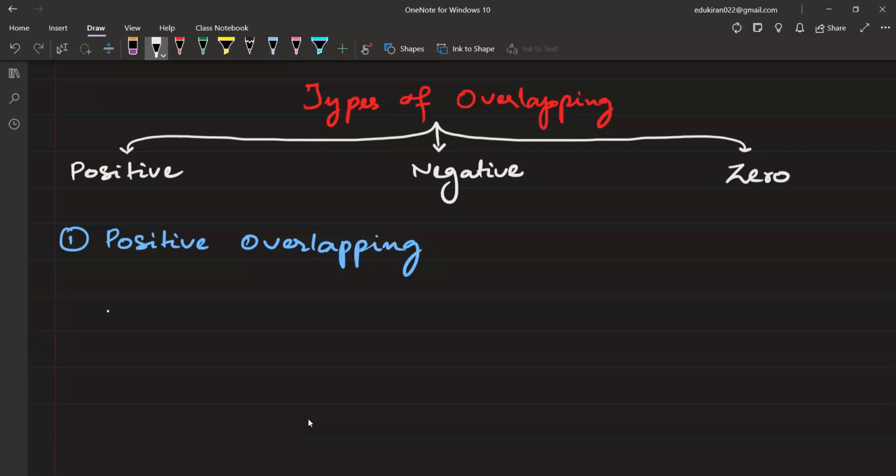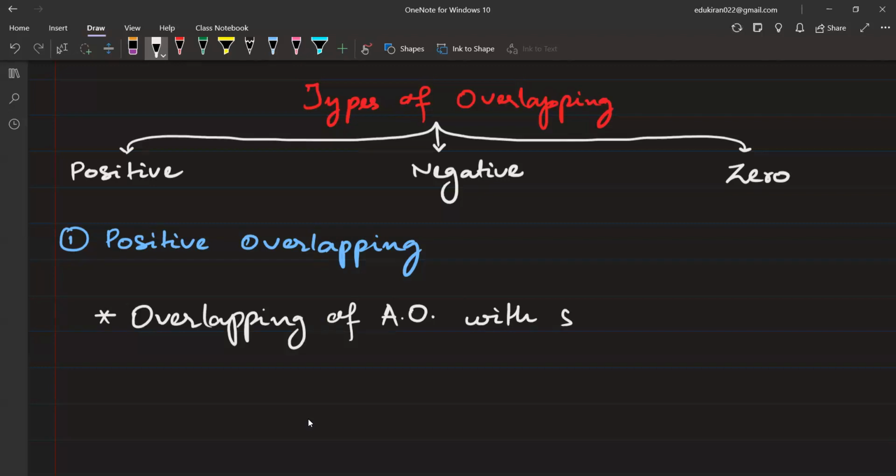Please write: overlapping of atomic orbitals with the same sign of psi. Psi is the amplitude, right?